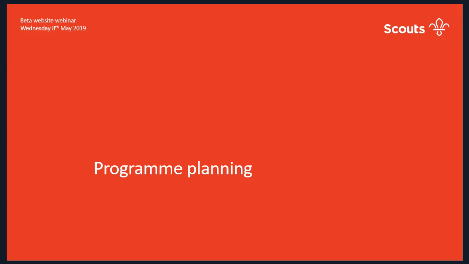So we're just going to pause there to reflect a little on the program planning. What we wanted to deliver with the program planning was really to help new leaders get up to speed with the program very quickly. We wanted to help all leaders with ideas for running the badges and activities, particularly for badges they find really difficult to deliver.